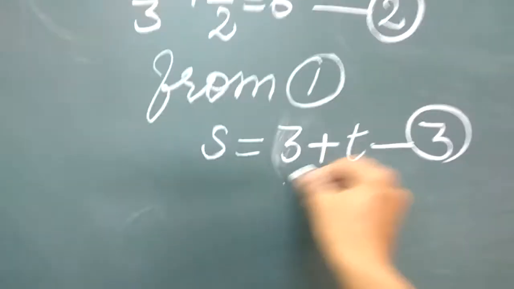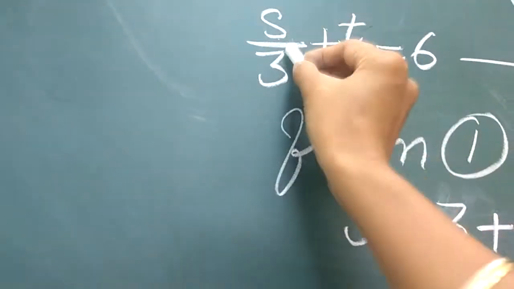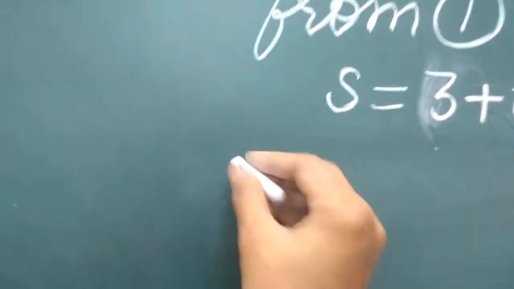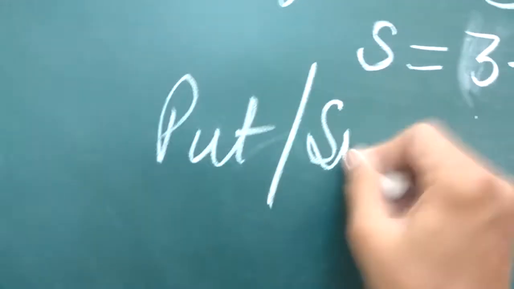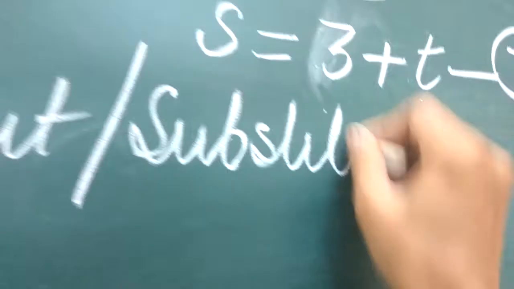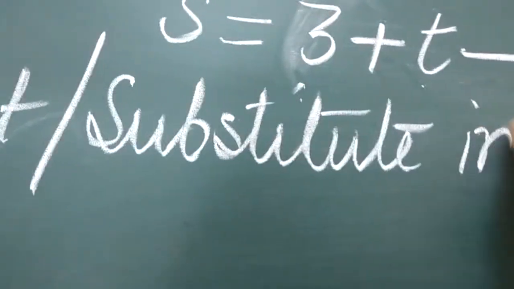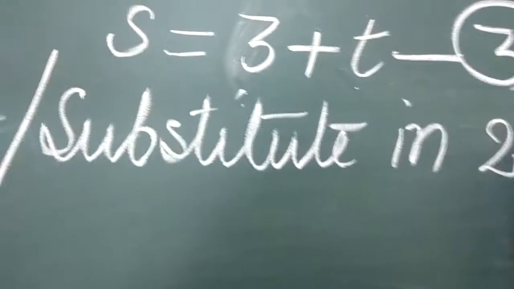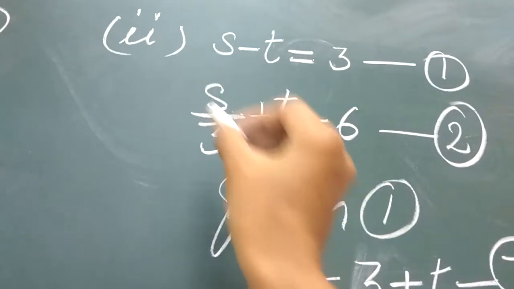So s is 3 plus t. We'll place s as 3 plus t and divided by 3 we'll keep it. So first of all, we'll substitute in the second equation. s by 3 is there, so we'll take 1 by 3.